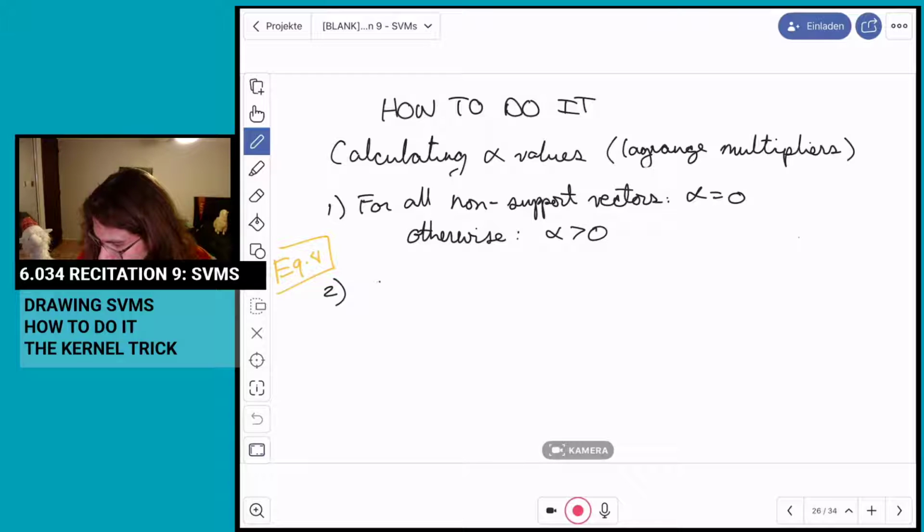Equation 4: the sum over each of the support vectors i of the alpha value associated with that support vector multiplied by the classification of that support vector. Summing all those terms is going to be equal to 0.